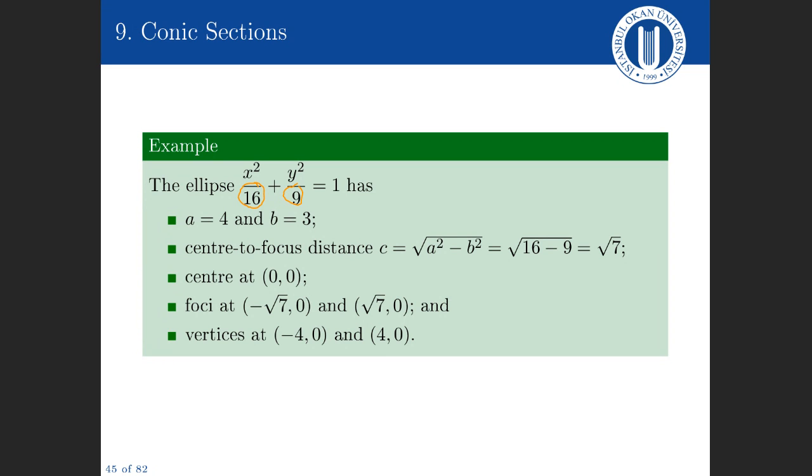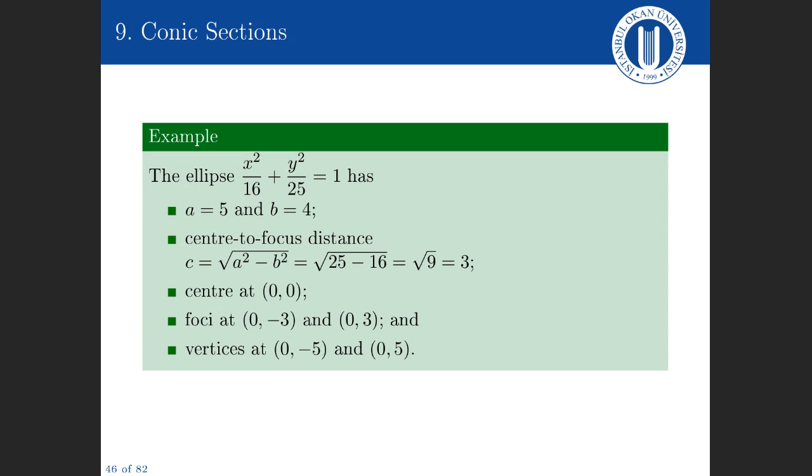After we know a and b, we can calculate the center to focus distance, in this case, square root of 7. The center is at (0, 0). The foci are at minus root 7, 0 and root 7, 0. And the vertices are at (minus 4, 0) and (4, 0). It's minus a, 0 and a, 0.